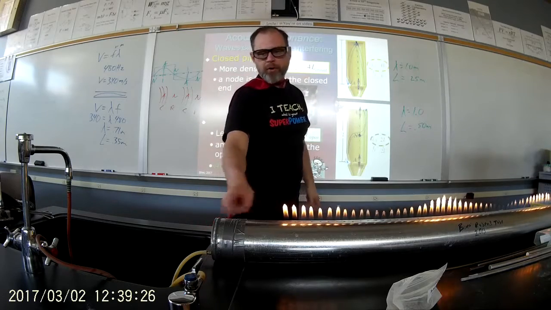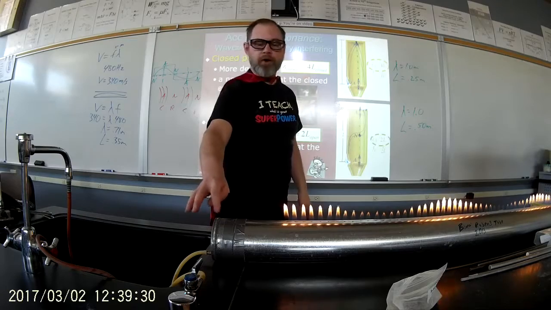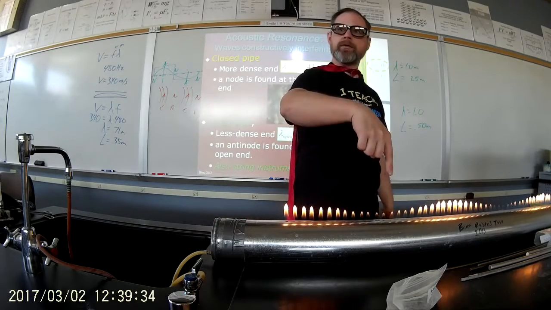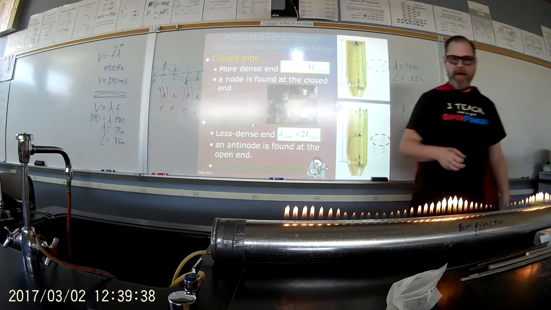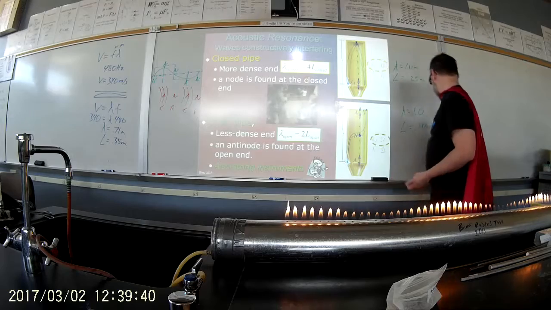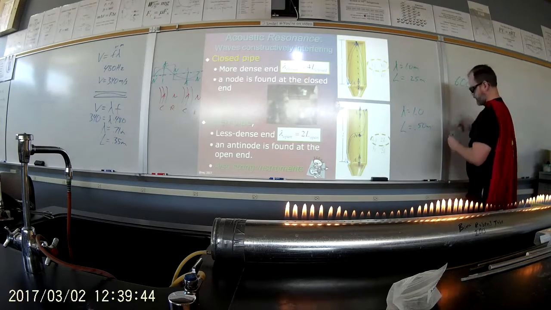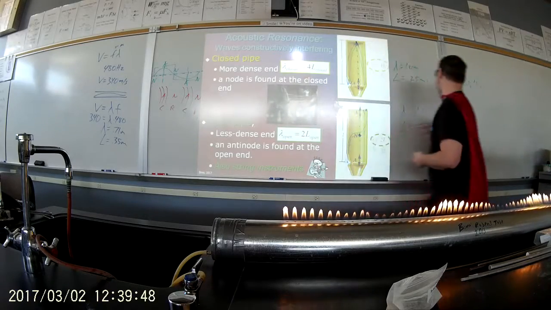So if I drilled holes all the way down, the wave would basically peter out and there'd be nothing down here. So this is a node right here. What is this? Antinode. What's this? Okay, and this is at 600 hertz. So I got a good standing wave at 600 hertz with 1, 2, 3, 4 antinodes.